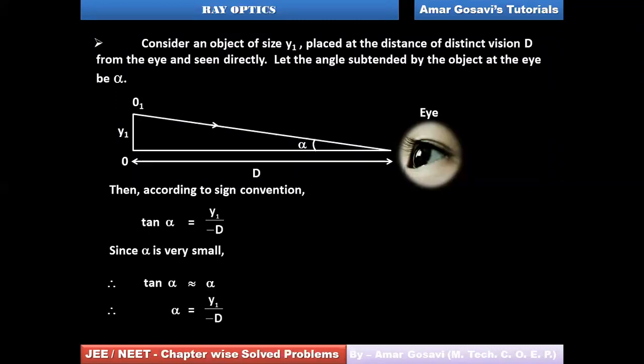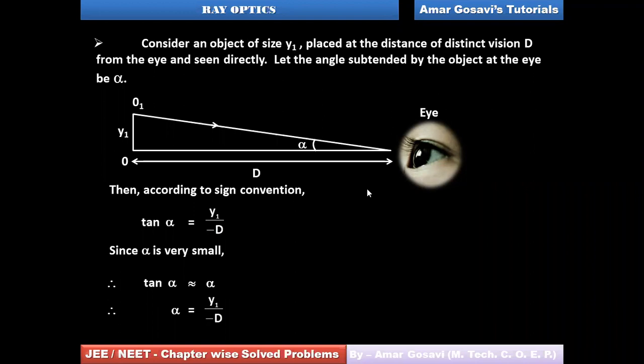So we got the first angle to prepare an equation for the magnifying power of a simple microscope. Please make a note of this and let me know so that we move ahead in this derivation. Most of you say yes, so let's move ahead.